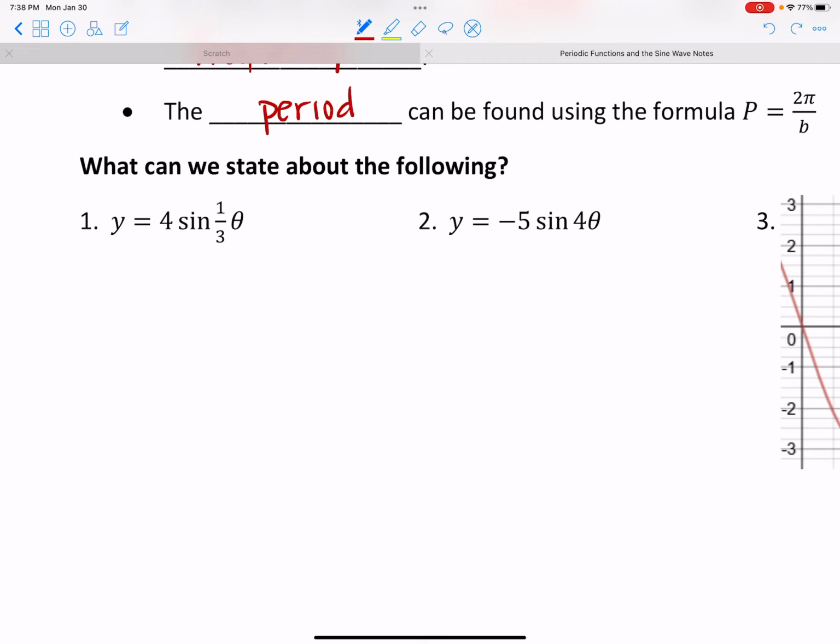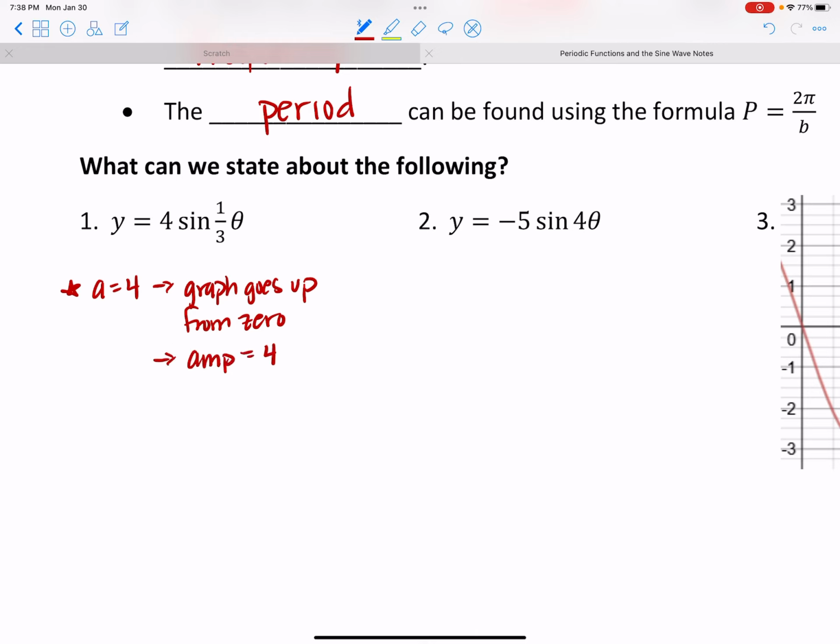So first, let's say a equals 4. That tells me that the graph goes up from 0. And it also tells me that the amplitude is going to be 4.